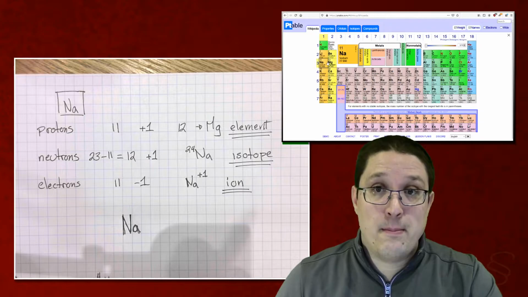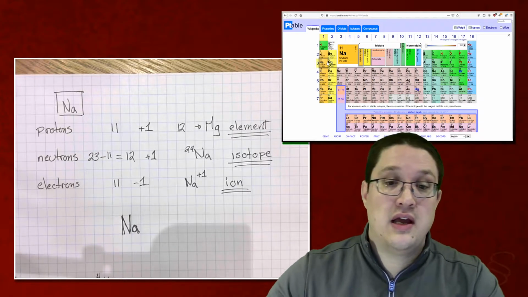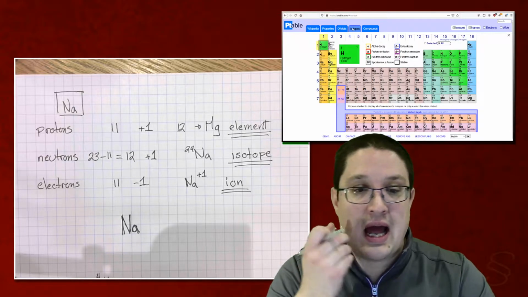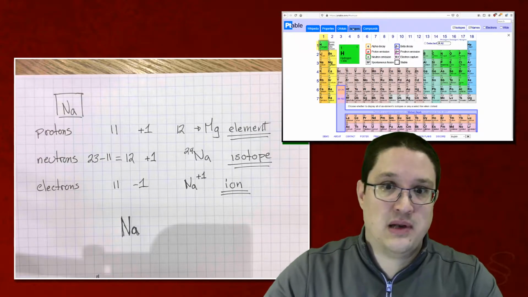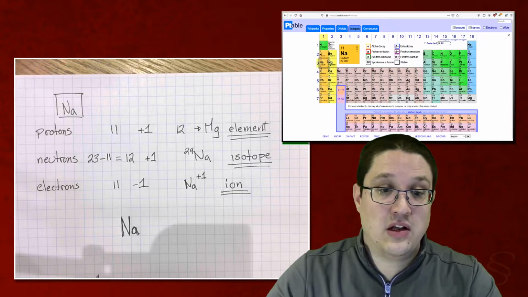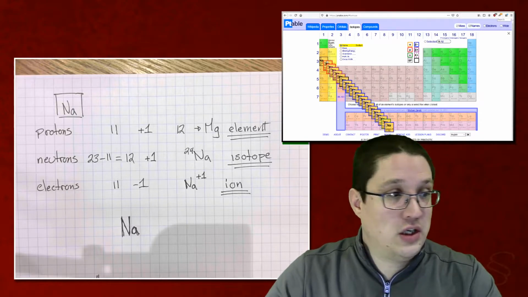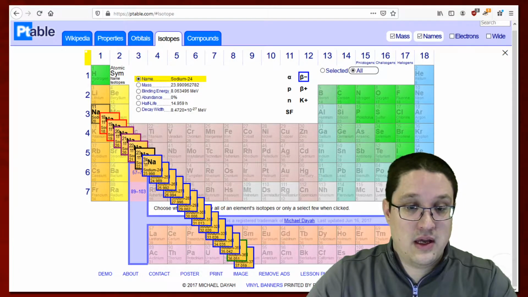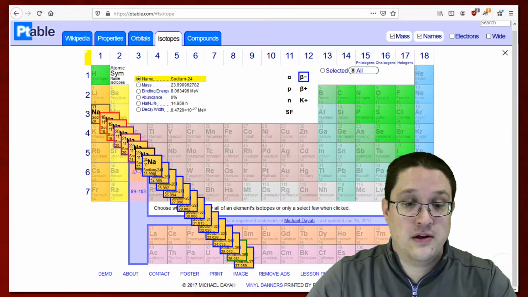Now, there are many different types of isotopes. If I take a look here at the periodic table, I can look at the number of reasonable or possible isotopes of these elements. If I click on sodium, you can see there are many, many different versions of sodium. Here's sodium 23, here's sodium 24, here's sodium 25.